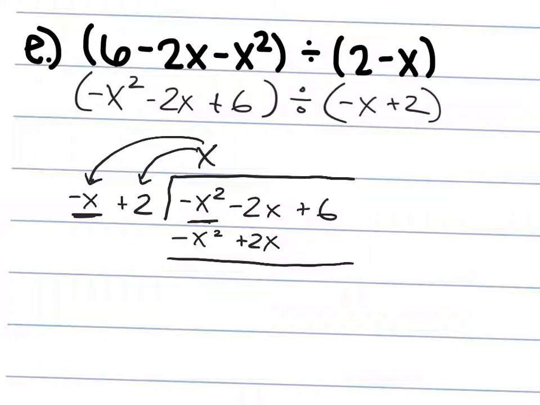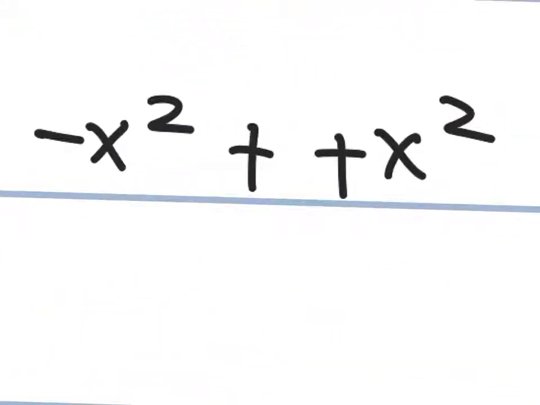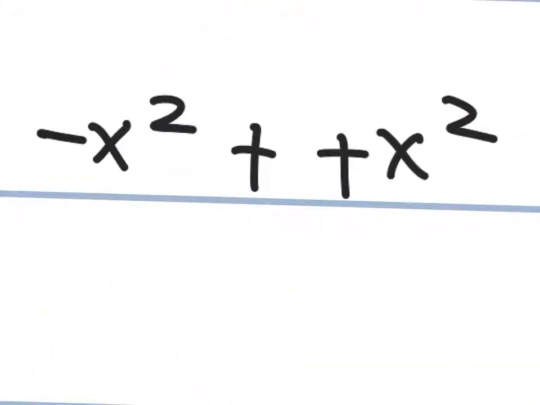So think about it as negative x squared minus negative x squared. We're subtracting both of these. What does that become? A negative x squared plus x squared. Wouldn't that be 0? It's 0.